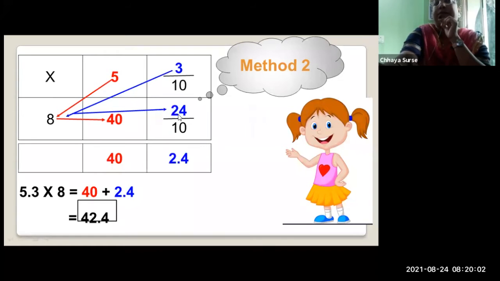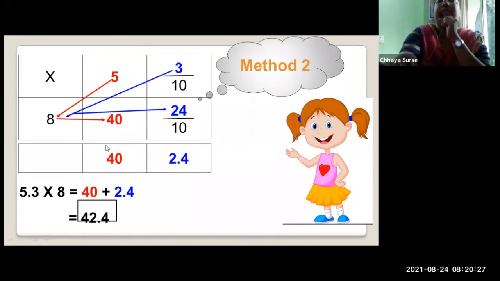24 upon 10 is the common fraction. Now convert this into a decimal fraction. 10 is there, so before one digit we give the decimal point. So that is 2.4.